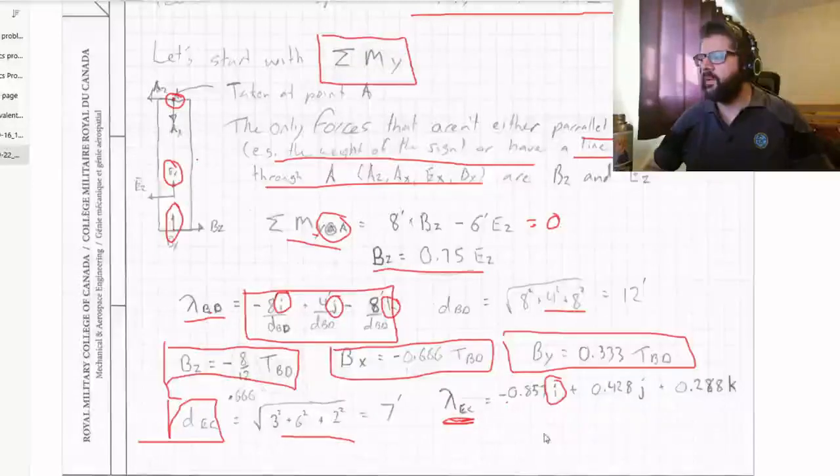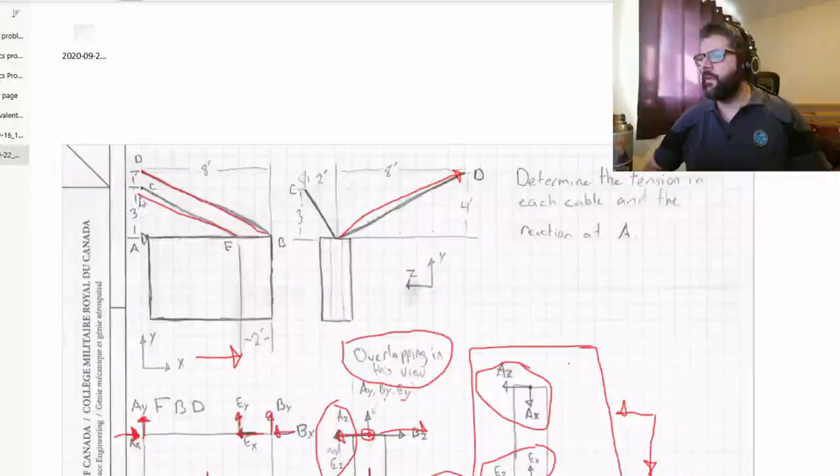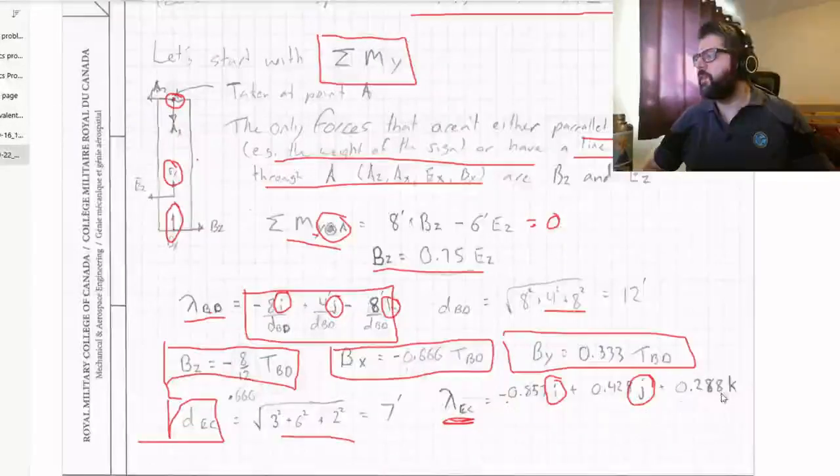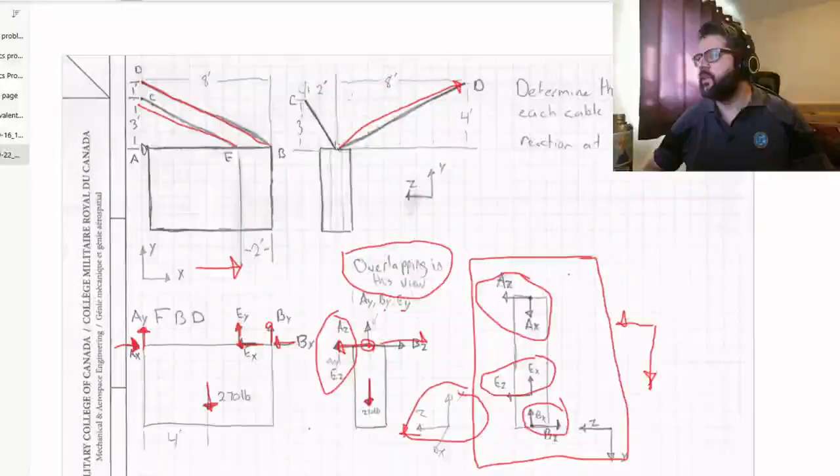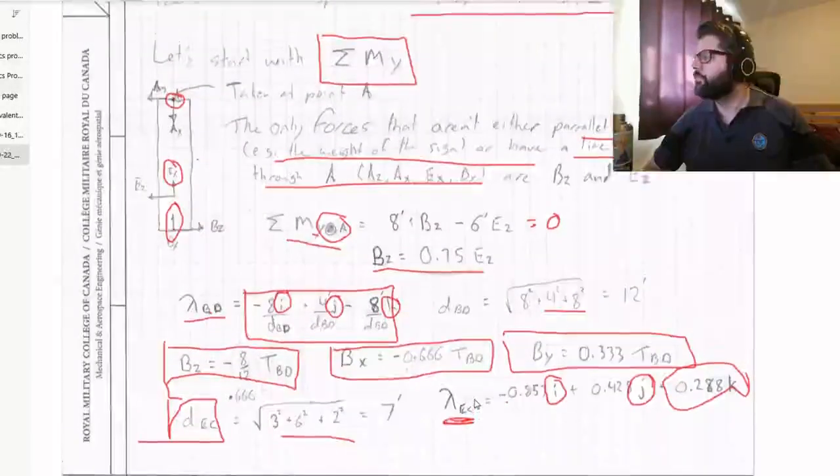Our i here is going to be minus 6 over 7. The j here is the plus 3 feet from here to here, over 7. The k here is just based upon the plus 2 feet from here to here, over 7.